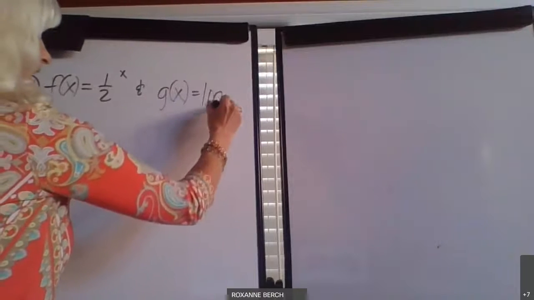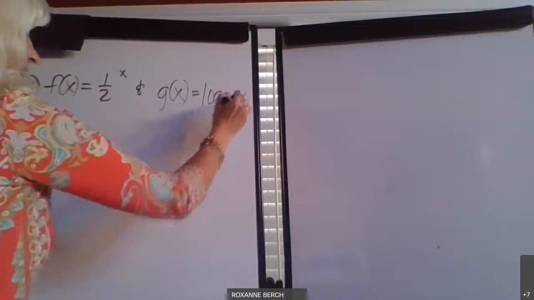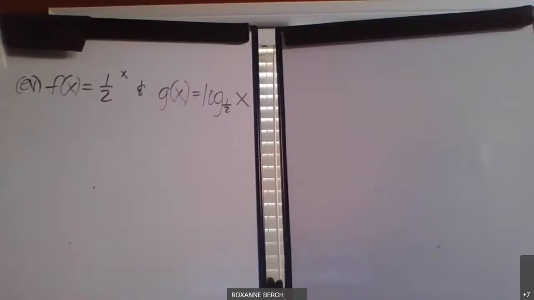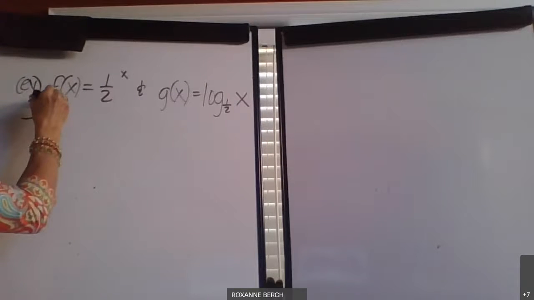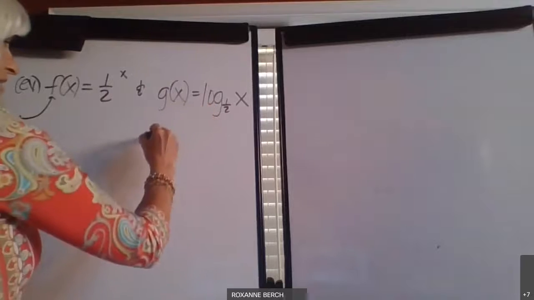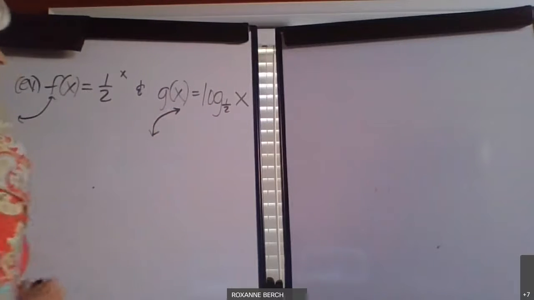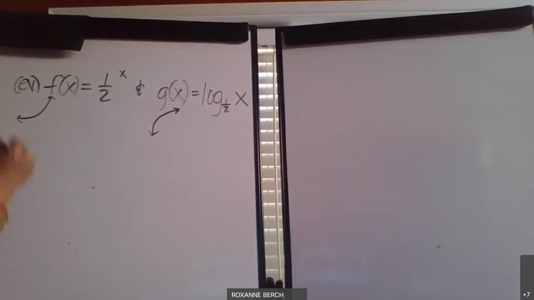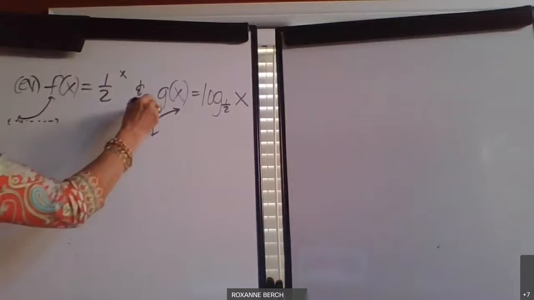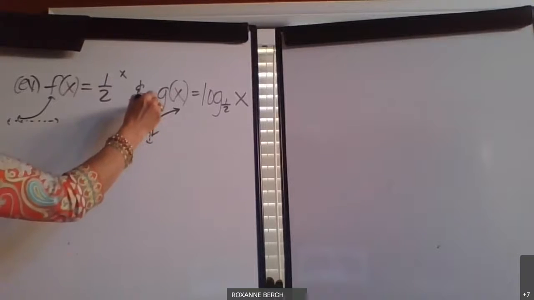It's log base a half of x. Those are both parent functions. This graph is going to go up like growth does, and this graph is going to go up along the y-axis and up like that. So it's a little bit different. This one runs along this horizontal asymptote. This guy runs along a vertical asymptote.